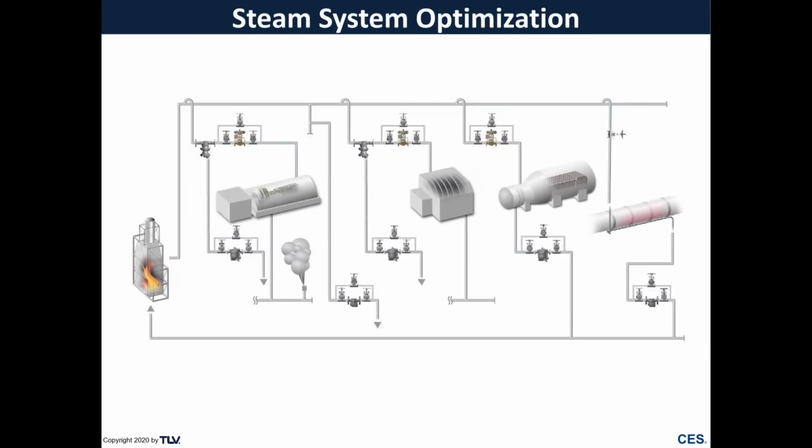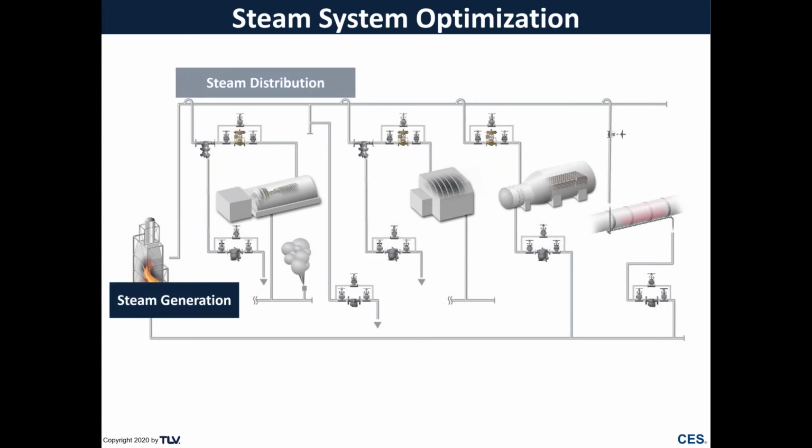Okay, so when talking about optimizing our steam system, there's a couple different levels that you need to look at. We have our steam generation at our boilers, and we have our steam distribution system. The whole goal of our steam distribution system is to supply dry steam to our equipment in order for it to operate efficiently.